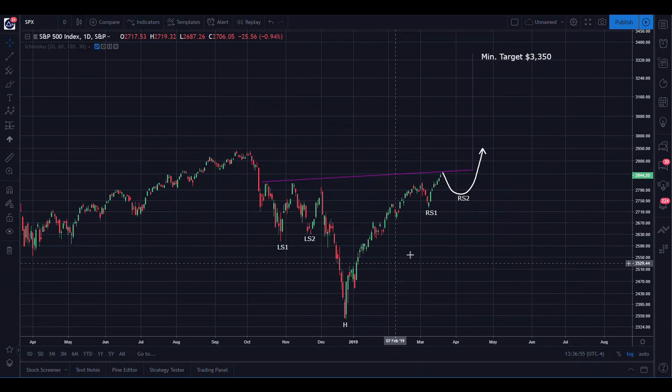So if we're looking at the S&P 500, for the next couple of months or so, we'll probably put in the right shoulder 2. Maybe April-ish, May. The neckline will be decisively breached, and price will just impulse up towards the minimum target of 3350 and probably, likely, exceed it.